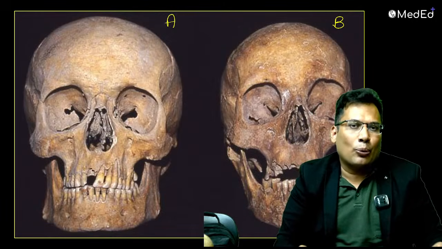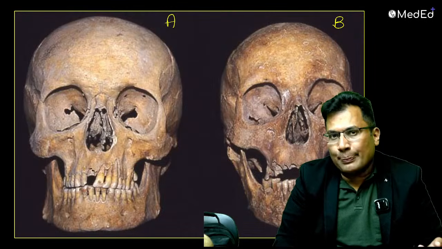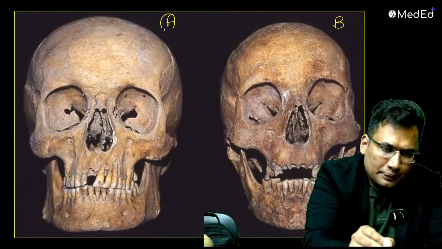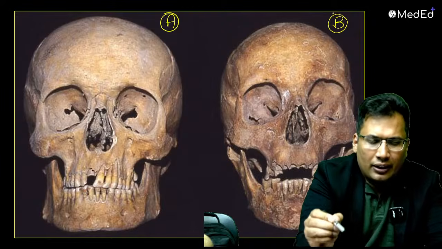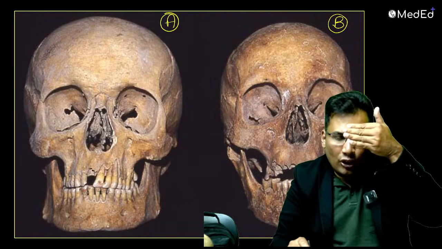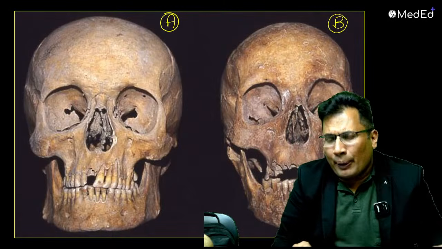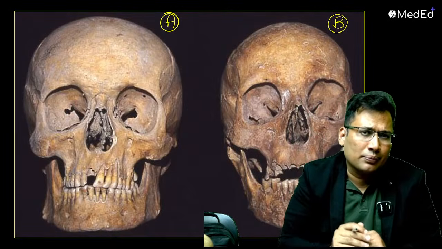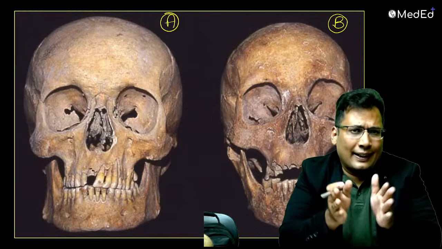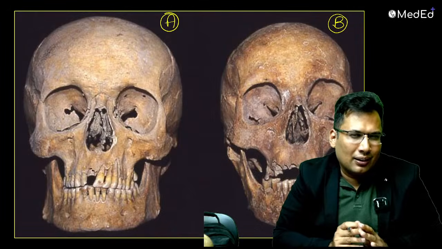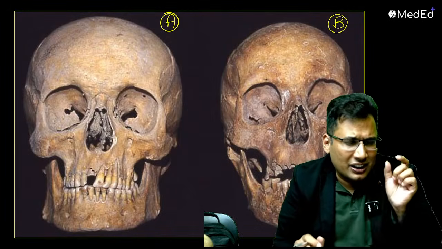Frontonasal junction is prominent. Glabella is prominent in A. In B, the forehead is straight. Frontonasal junction is not prominent. Frontal eminence, parietal eminence is very prominent. V-shaped mandible, U-shaped mandible. Can you identify the gender, A and B?